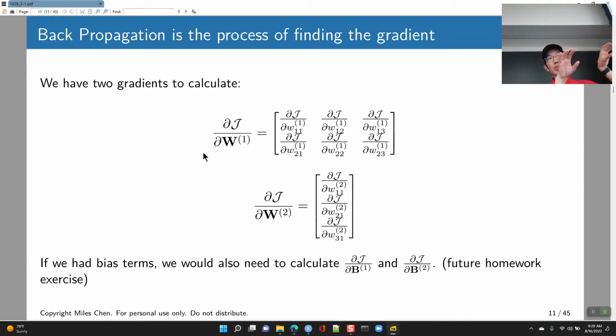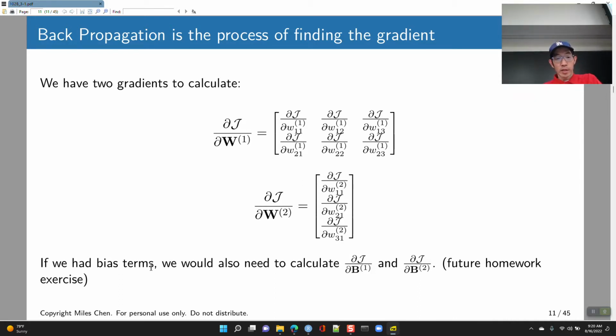So if W1 is 2 by 3, the gradient also has to be 2 by 3. That's a helpful thing to keep in mind: the gradient of any scalar with respect to a vector or matrix is going to be a vector or matrix of the exact same dimensions as the original thing.